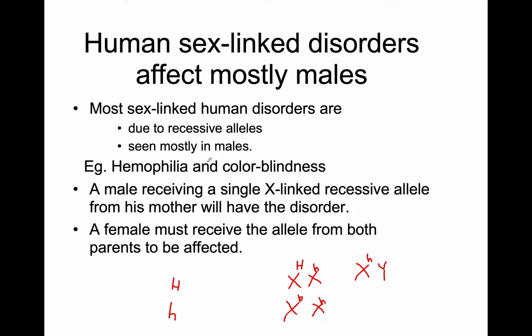That's why conditions like hemophilia, color blindness, and muscular dystrophy are seen more often in males than in females, because of the way the sex chromosomes are present in males.